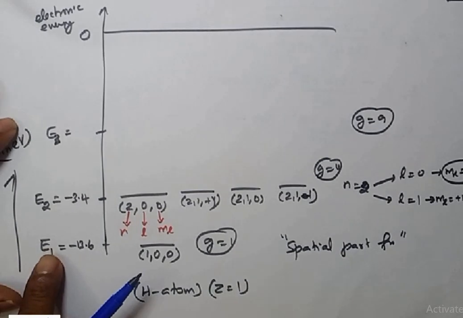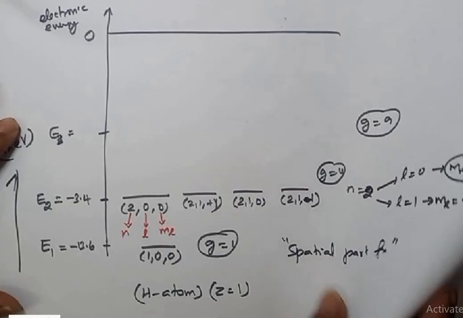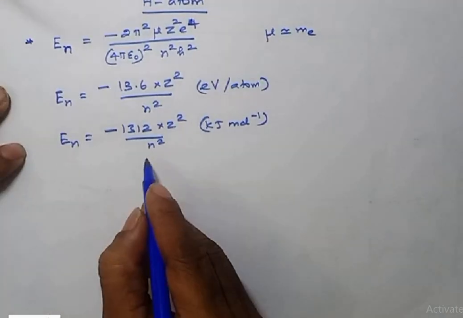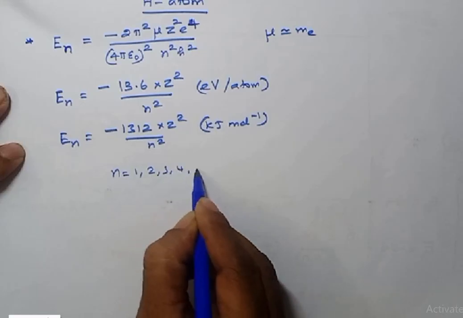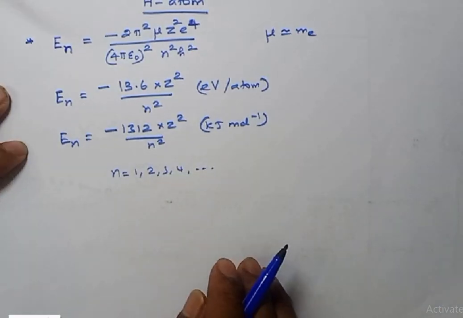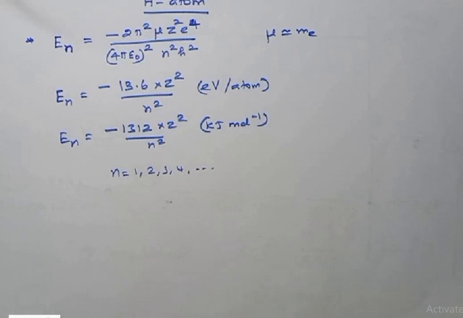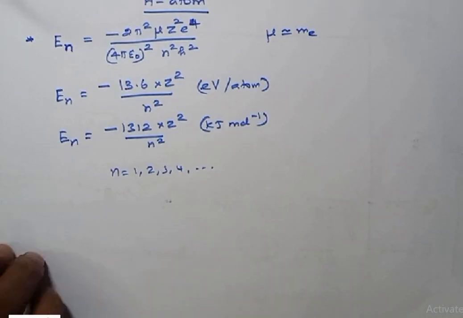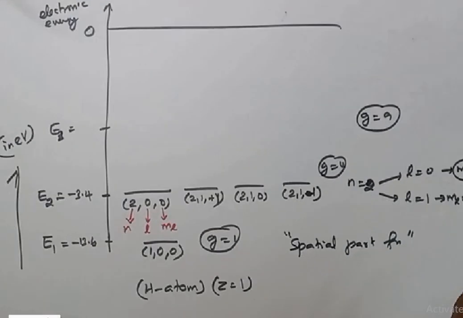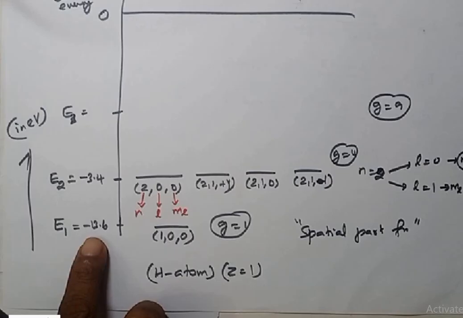Energy of the ground state: if you put n equal to 1. What are the allowed values of n? Allowed values of n are 1, 2, 3, 4, 5, etc. In the case of the hydrogen atom, n is called the principal quantum number, and it can take values 1, 2, 3, 4, etc. If I put n equal to 1, we get the ground electronic state.